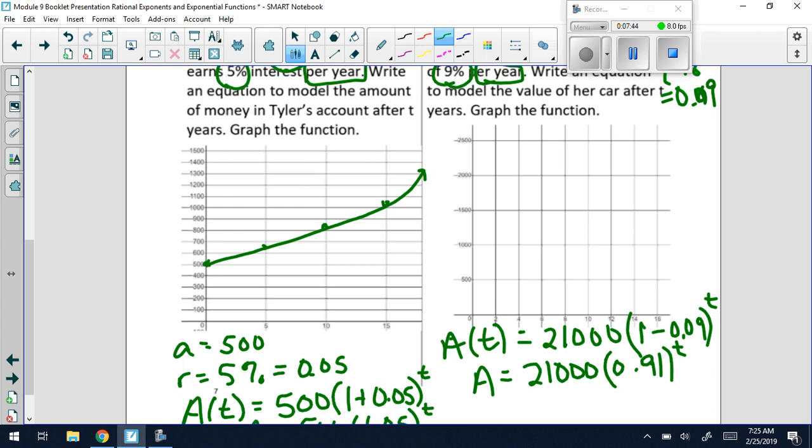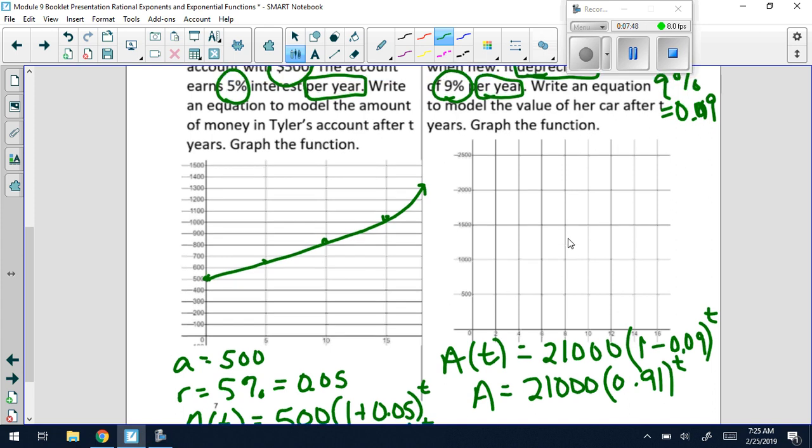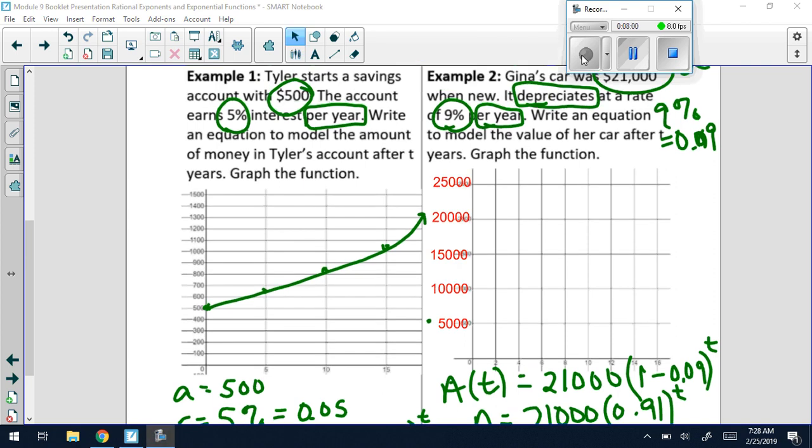All right, when I graph it, my scale is way off, isn't it? We're going to have to change our scale. I didn't realize how off my scale was. So 21,000 is my initial. So let's change our scale here. I'm going to pause and change my scale. Okay, I fixed it. Really, all that needs to happen is I was off by a factor of 10. I had 2,500.